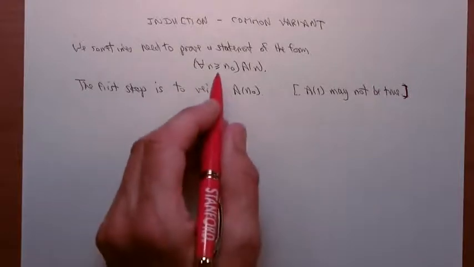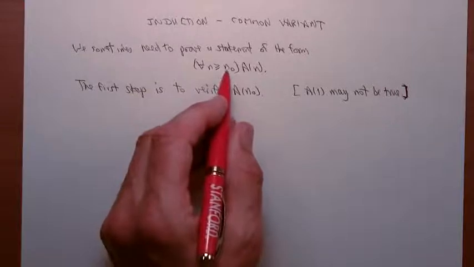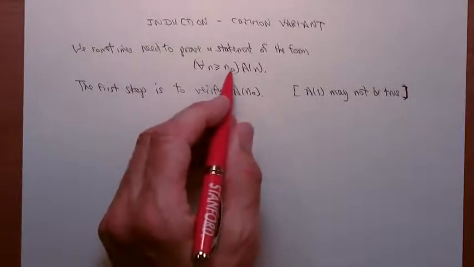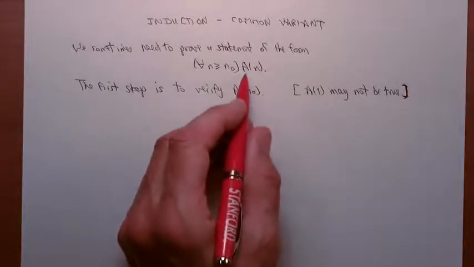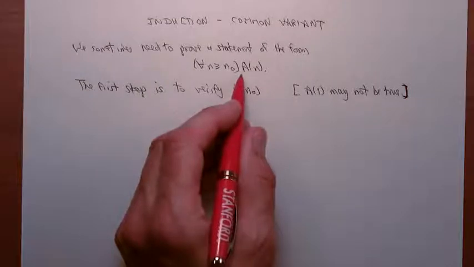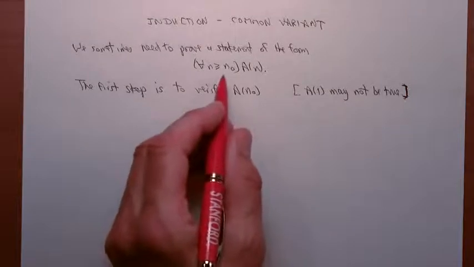In fact, it's usually the case that when we are trying to prove something of this form, the reason we have an n0 as the starting point is precisely because the result doesn't hold at the beginning. We have to go out somewhere through the natural numbers until the result starts to hold. General induction starts at 1. This variant starts at some point beyond 1.